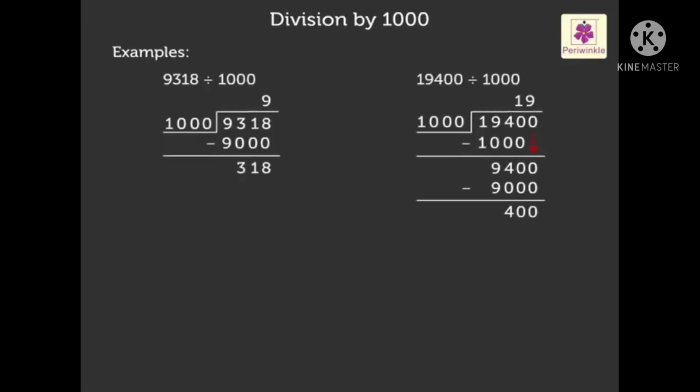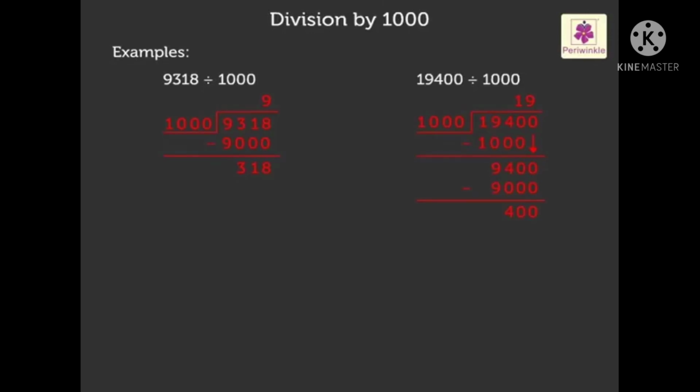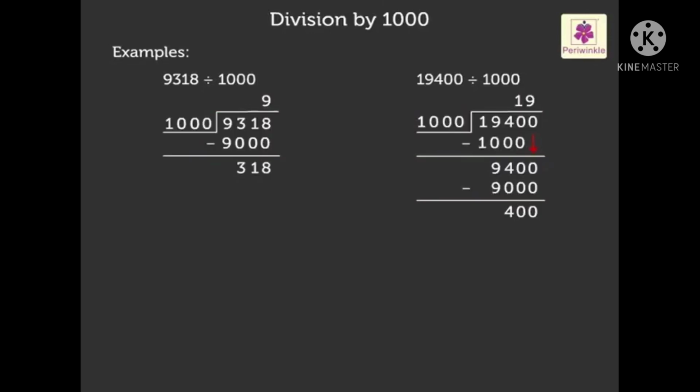Division by 1000. Look at the board. We have solved the two examples by division method. Look at the first example. 9,318 divided by 1,000.